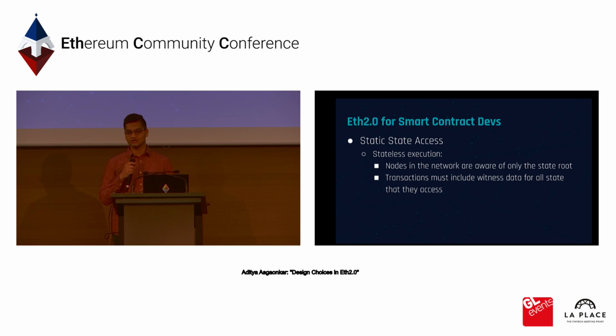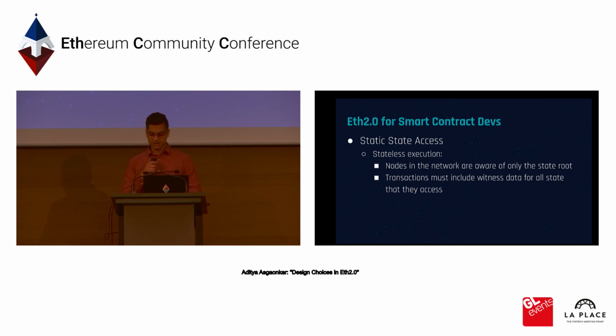So all the data that you need to execute transactions is provided in the transaction itself. Think of it as what light clients do. Whenever they see something they want to execute, they ask for the data. So nodes in the network don't need to be aware of any other data except the state root. They only need the state root to execute transactions by verifying witnesses to the data of the transaction.